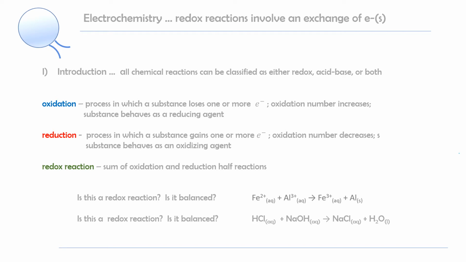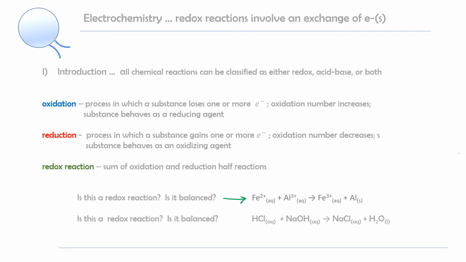Okay, so important things that you want to be able to do is look at a reaction and predict, first of all, is this a redox reaction, yes or no? And if it is a redox reaction, is it balanced? Okay, and it's not as easy as you might think. So let's look at this first reaction here.